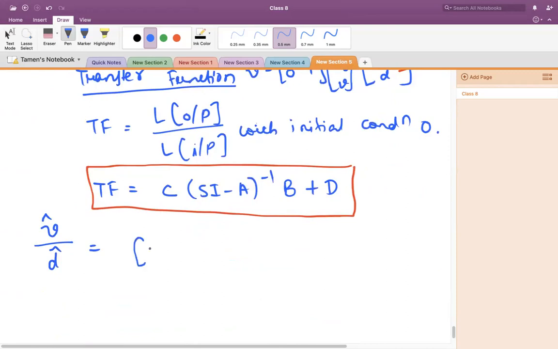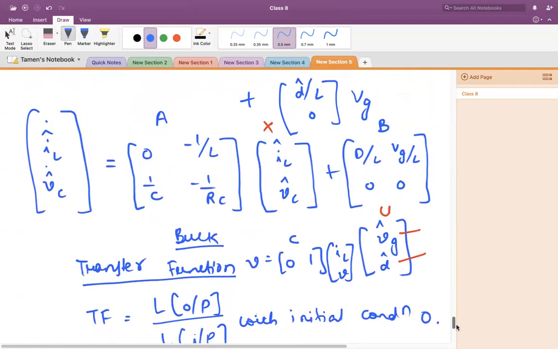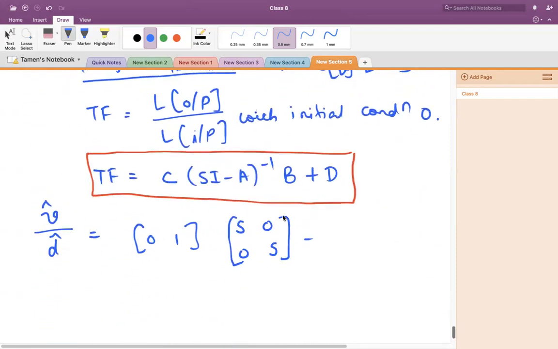C equals 0, 1. What is SI? SI matrix will be like this, minus A. What is A? A is this one.